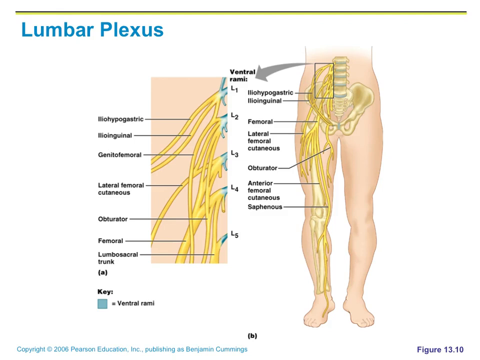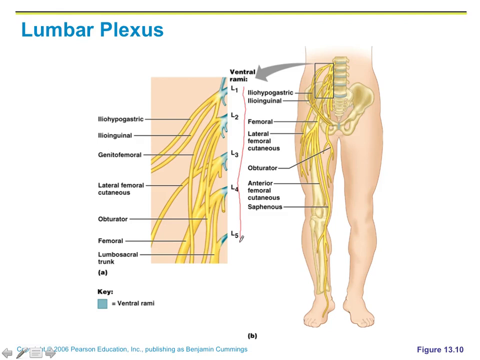So now let's take a look at it. First of all, as I have mentioned, we look at it from all the spinal nerves. We have L1 to L5.